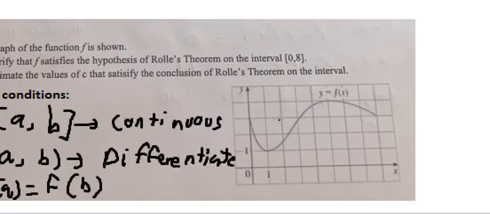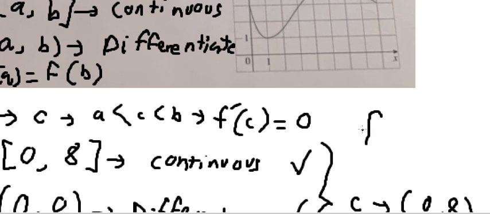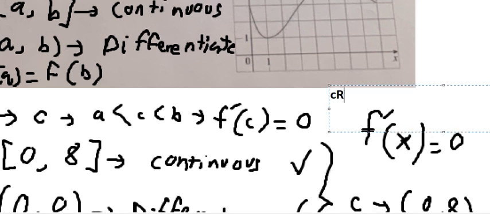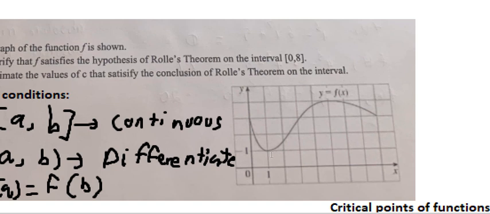So if you look on the graph, the first derivative of the function equal to number 0 should be the critical points of the function. So that means we can find the local max and local min.